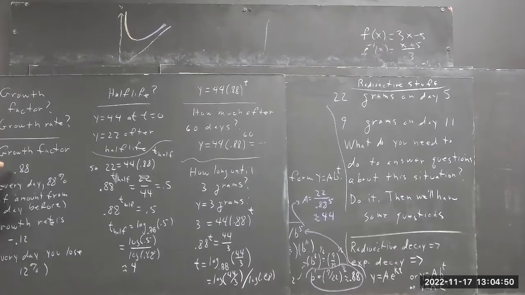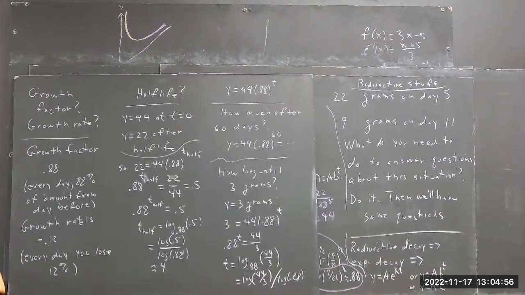If every day you end up with 88% of what you had the day before, it should be pretty obvious that every day you're losing 12%, right? That's the meaning of growth rate and growth factor. That's pretty much the whole picture of exponential functions as far as this course is concerned.